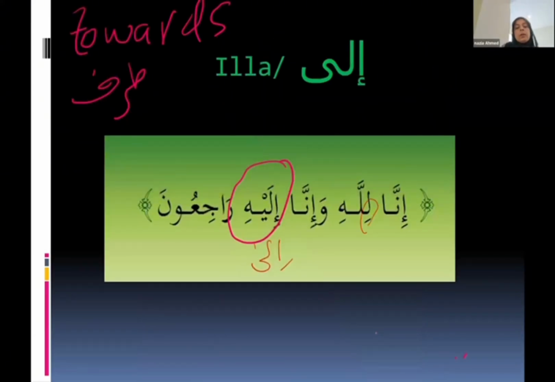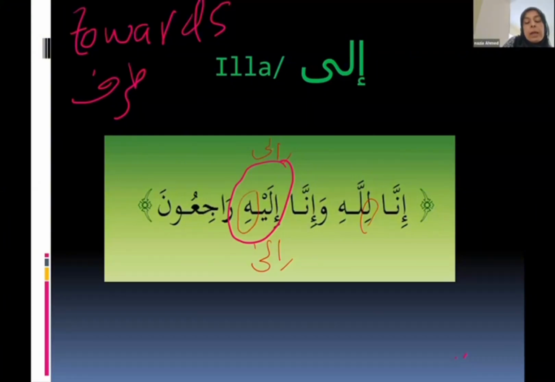Then ila. We all know this ayah, inna lillahi wa inna ilayhi rajiun. Indeed, we are from Allah, we are for Allah, and indeed we are going to return towards Him. Here you can see ila is written in a joint writing with the attached pronoun he.